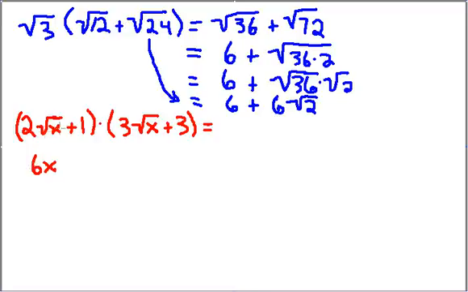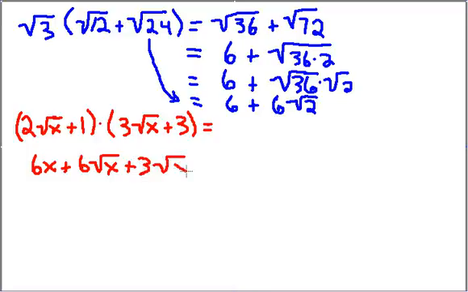Now we're going to take our 2 radical x here and multiply it by our positive 3. That's going to give us 6 radical x, because 2 times 3 is 6. So that takes care of our first term. We've distributed it through. Let's take our second term and distribute it. 1 times 3 radical x is simply 3 radical x.